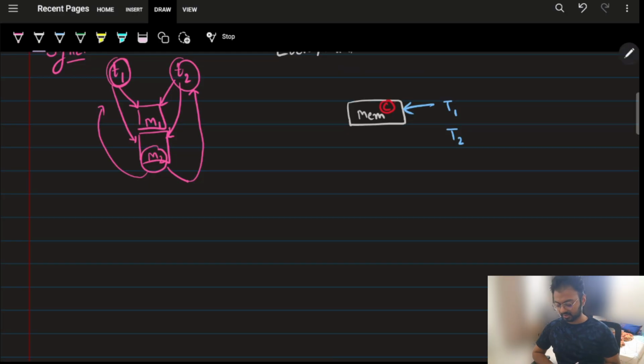Another concept to achieve synchronization is with the help of semaphores. Now, what is a semaphore? A semaphore is used when you are trying to limit the number of threads that can access a shared resource concurrently.